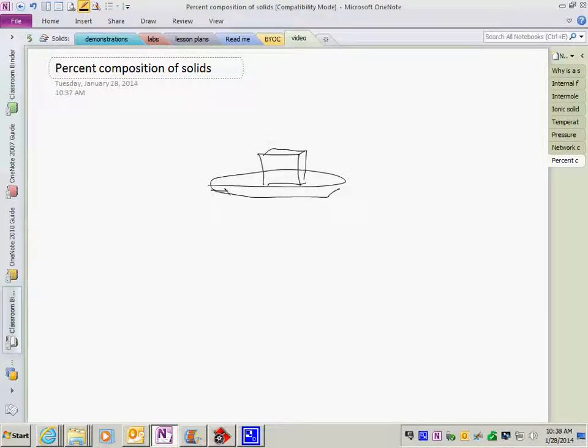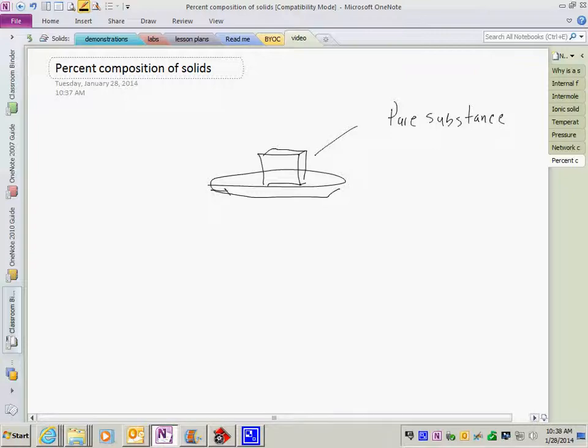All right, this thing, let's just say, is a pure substance. Now, whether it is an elemental substance, which means, let's say it's solid carbon, or technically it could be a compound, let's say it's solid carbon dioxide, so it'd be pretty cold.